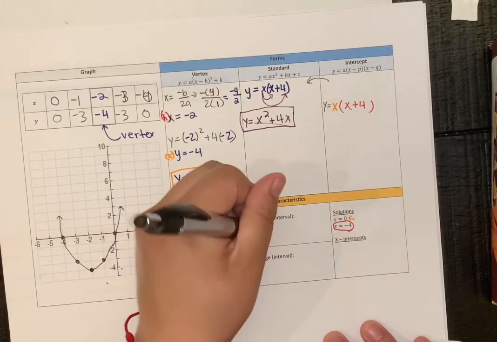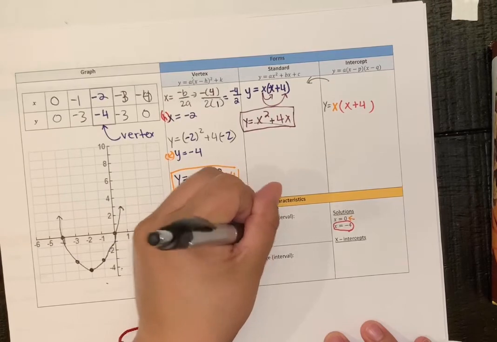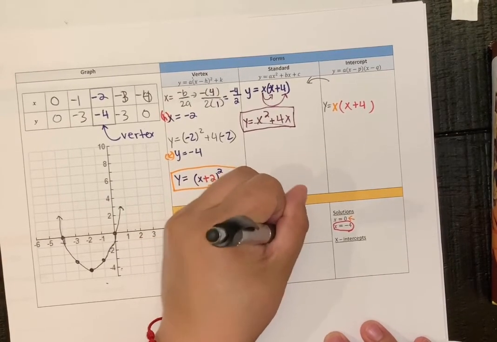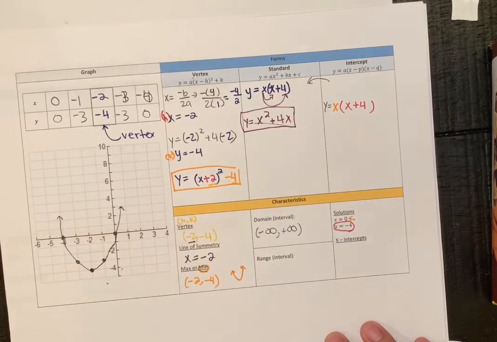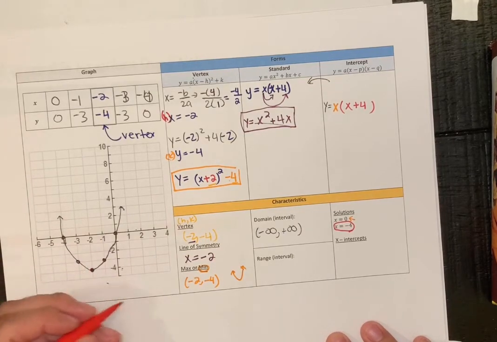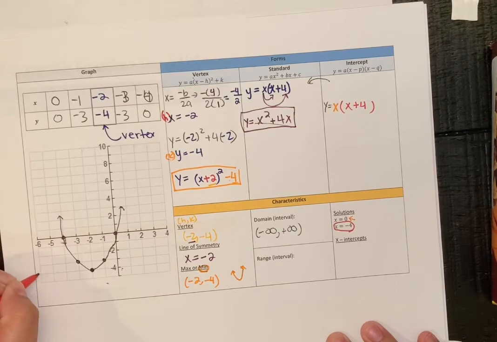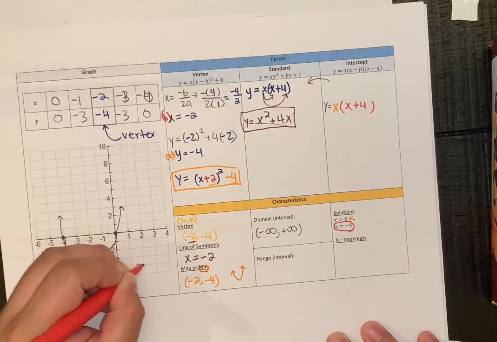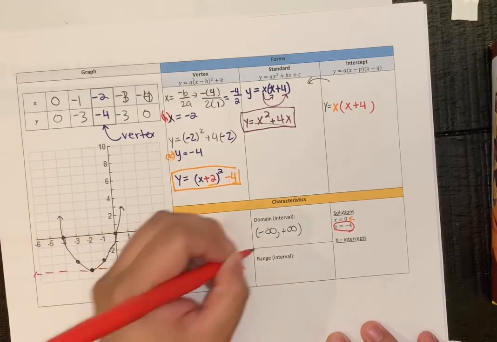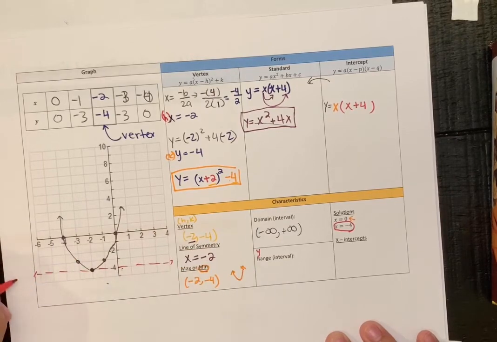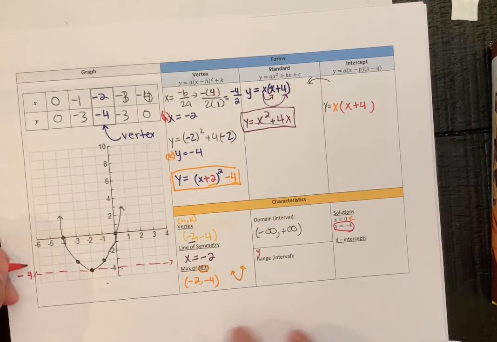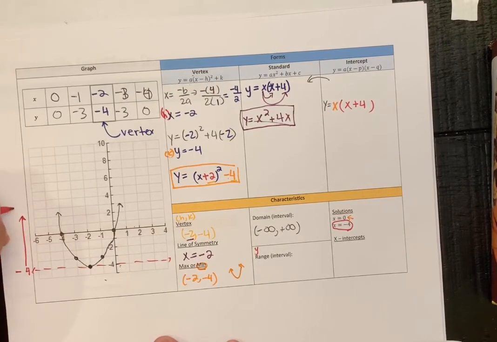So our domain will always be all real numbers, or from negative infinity to positive infinity. Our range right now is our y's. And we start at -4 and we go up to infinity.